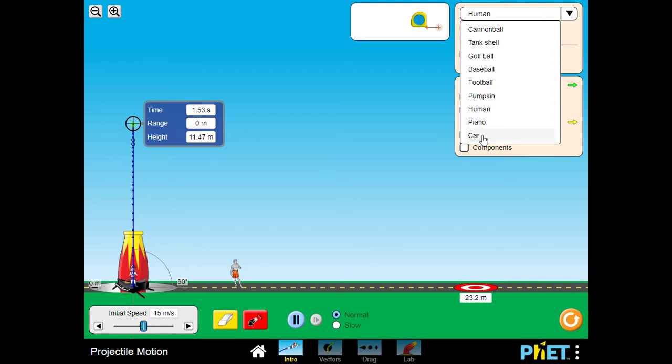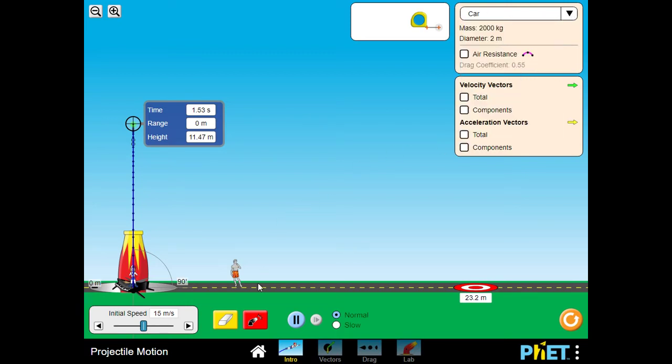Again I project the car. The maximum height is again the same, and the time to reach the maximum height, the flight time, is 1.53 seconds.